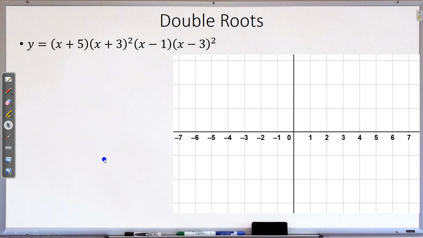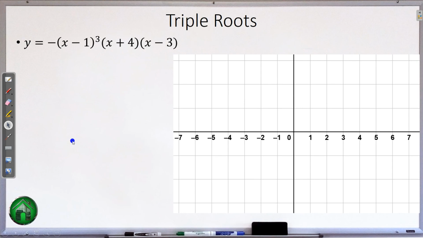All right, triple roots. It's similar idea. But first, let's put all of our x-intercepts. We have positive 1, we have negative 4, and we have positive 3. Now, what's our total power? Don't forget the negative there. So this x, because it's a triple root, counts as 3.